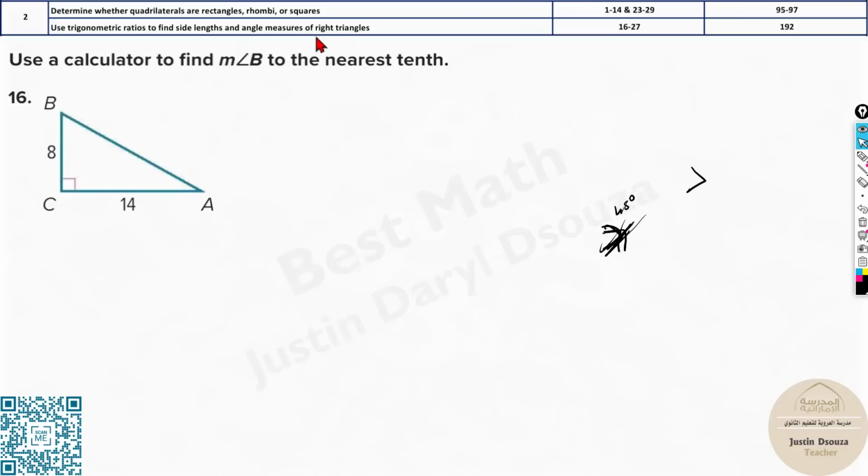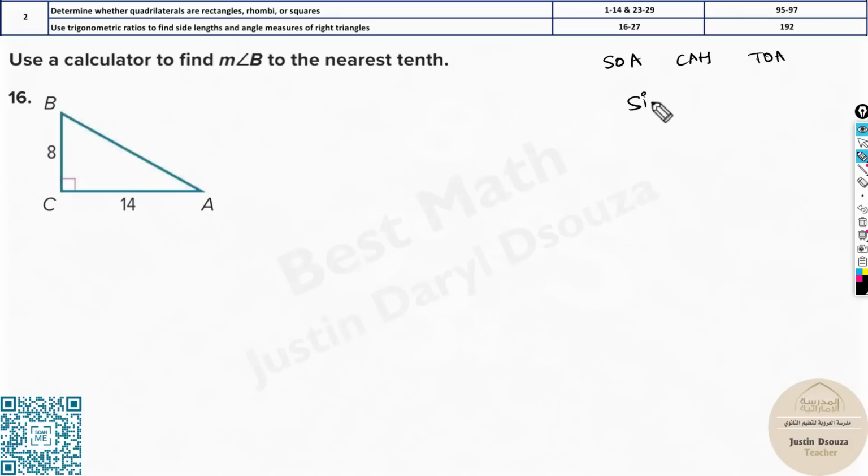And now we move on to the trigonometric topics. Now we have to use a calculator to find the measure of B. So before we move on, I'll just write the formulas of trig functions. You can easily remember this by SOH CAH TOA. You can use other acronyms as well.